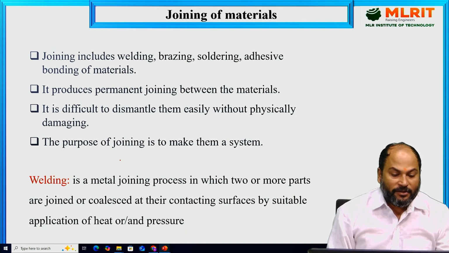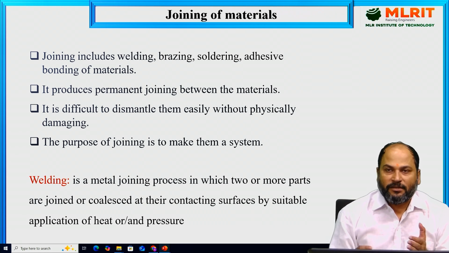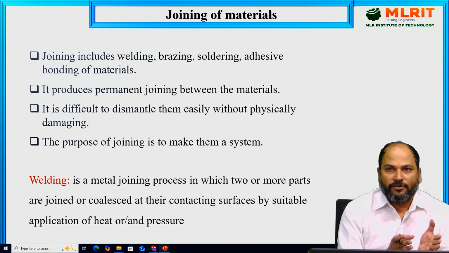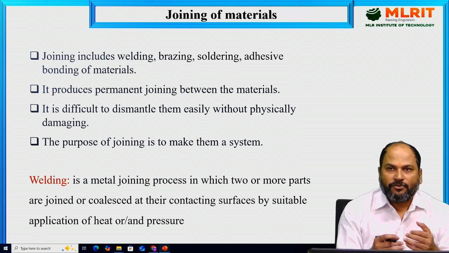So we'll start with the joining processes. Joining processes is a broad classification. Already we have seen that joining may be permanent joining, semi-permanent joining, or temporary joining. Temporary joining means if two or more parts have been combined together and we have to dismantle them, we don't have to physically damage the parts.